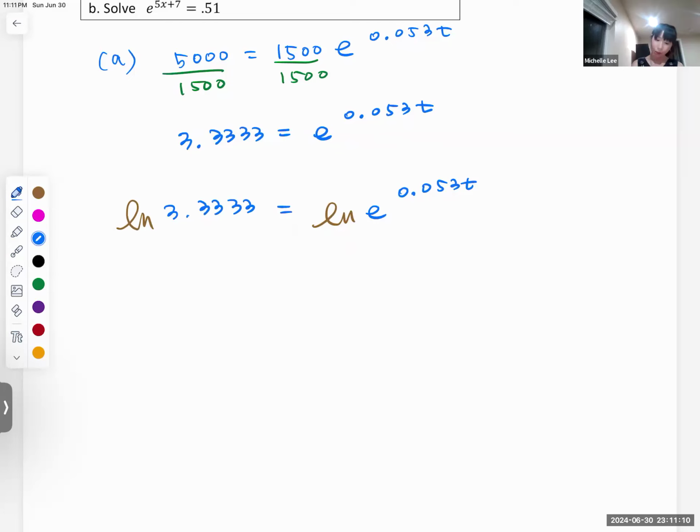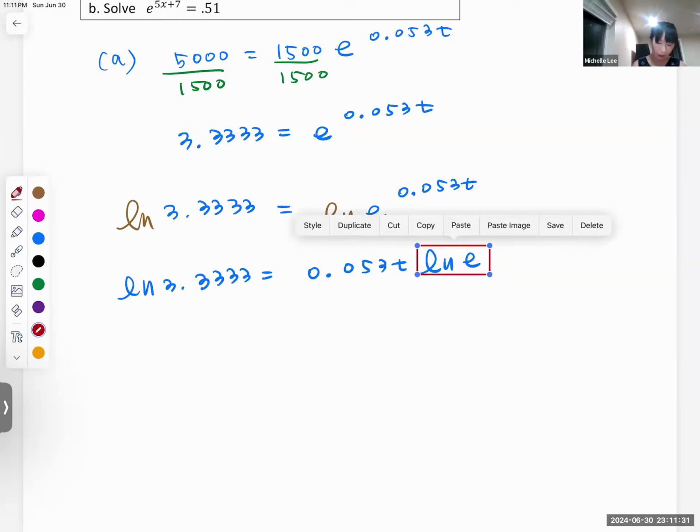Once again, we can bring down the t with the exponent. So it will be ln 3.3333 equal to 0.053t times natural log of e, right? We know natural log of e is 1.